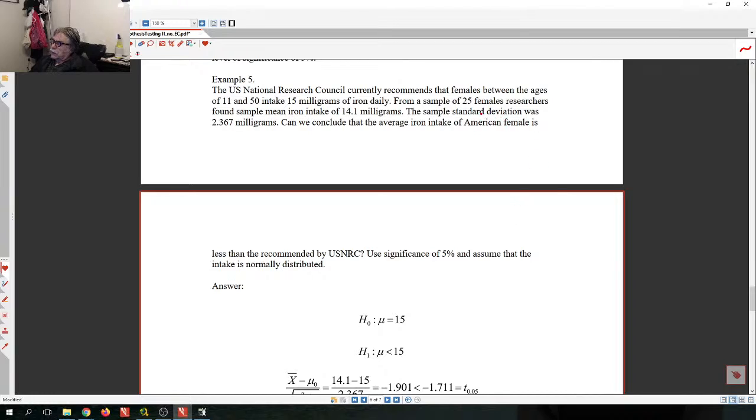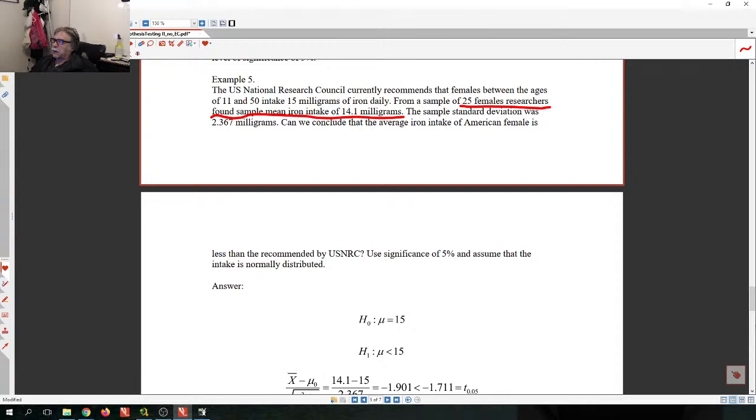Okay, so now we are getting 55 female researchers. This is somewhat biased. Well, we think they might be a little more careful about their diet, right? And we found, after taking long diaries from them, that they are taking, on average, 14.1 milligrams. So it seems to be very close to 15.